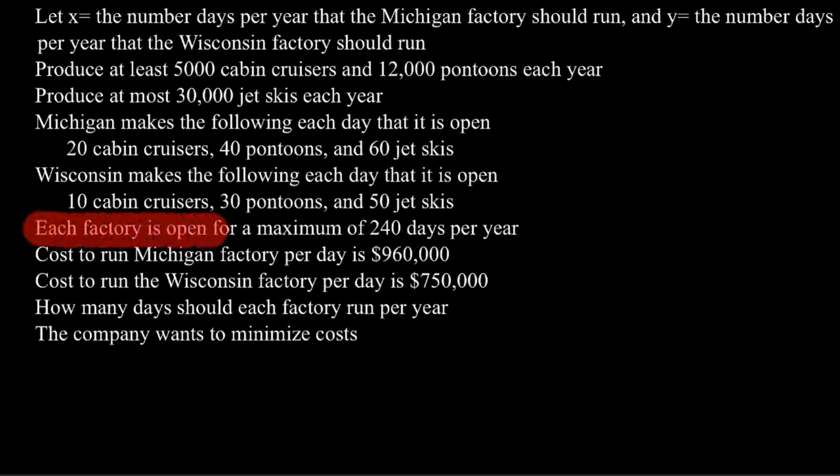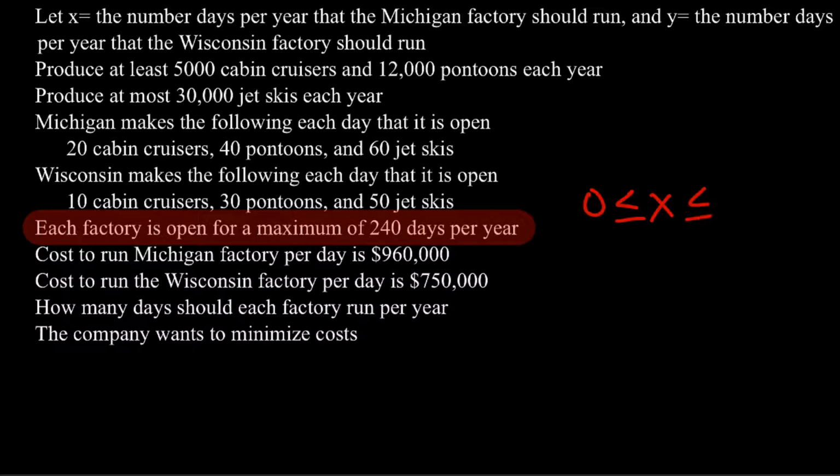And it's important to also note that a factory cannot be open for less than 0 days or a negative number of days. So the first inequality that we can write is that 0 is less than or equal to X, the number of days that Michigan should be open, which must be less than or equal to 240, and 0 is less than or equal to Y, which is less than or equal to 240. So both of the factories have to be open between 0 and 240 days.